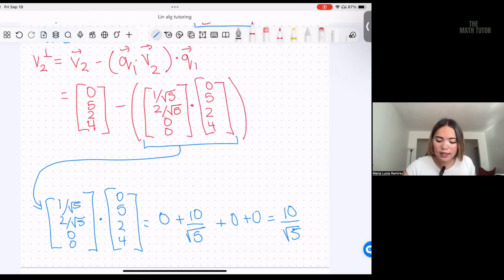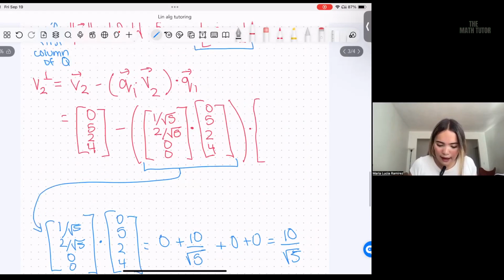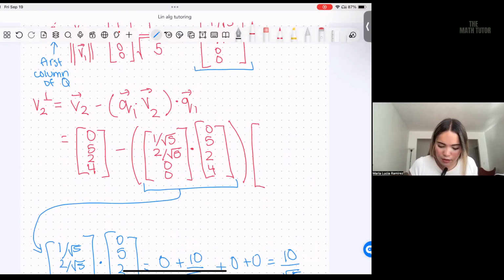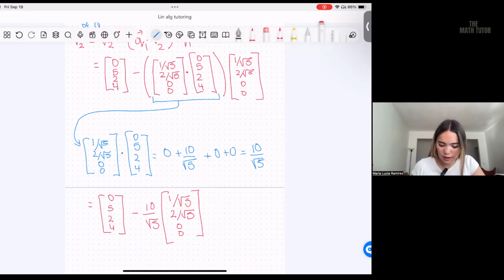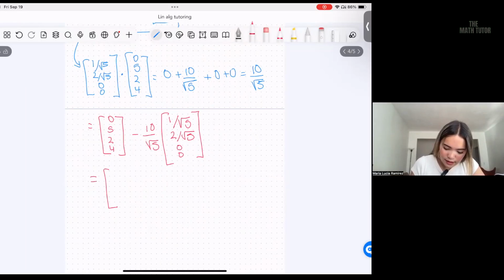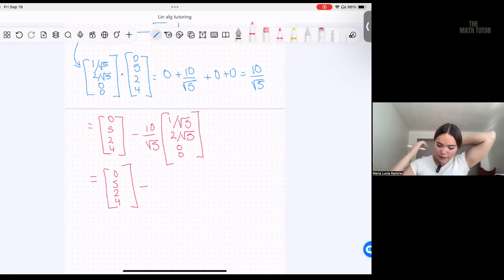And so we're going to take that dot product and multiply it by Q1. So Q1 is 1 over root 5, 2 over root 5, 0, 0. So this is what we're going to multiply by the dot product over here. So multiplying this, it would be 10 over root 5 times 1 over root 5, which is just 10 over 5, which is just 2.